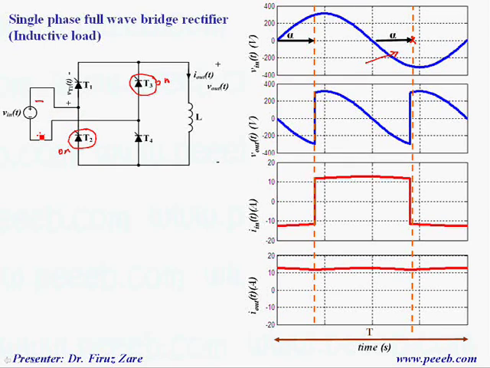So what happens? If you look at this polarity, we have positive here, and because this terminal is negative, that means the cathode is positive with respect to the anode. We turn off this thyristor. And if you look at this thyristor, when we turn on T2, again this polarity is positive.